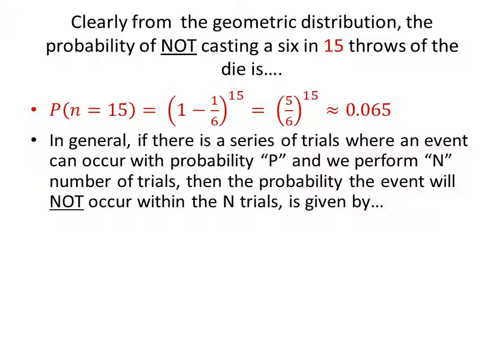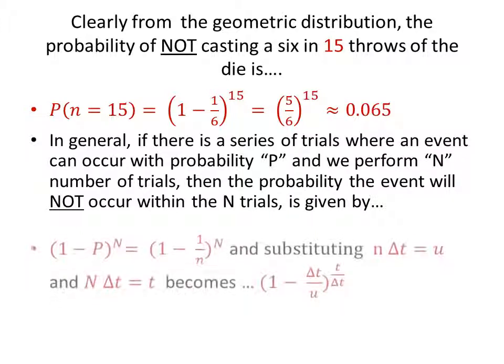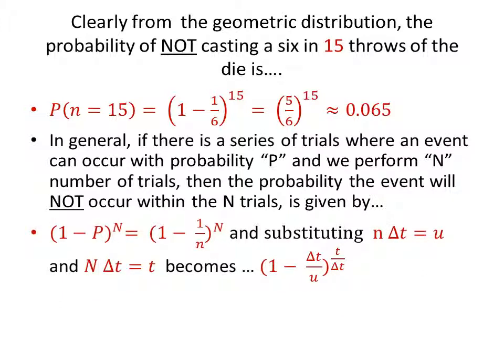And in general, if there's a series of trials where an event can occur with probability p, and we perform n number of trials within a specified interval of time, then the probability the event will not occur within the n trials is given by 1 minus p to the nth power, again from the geometric distribution.